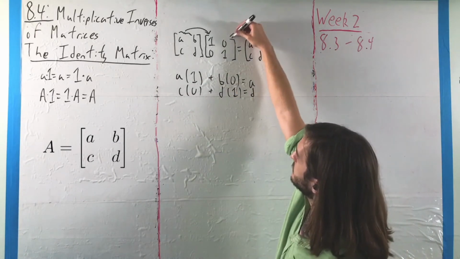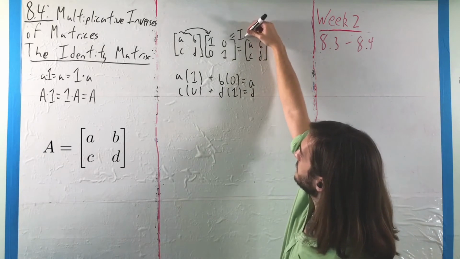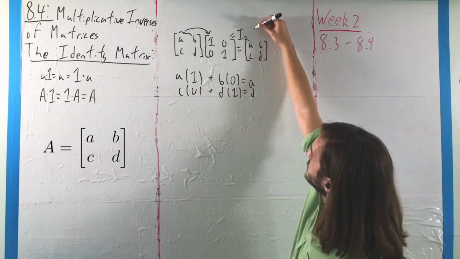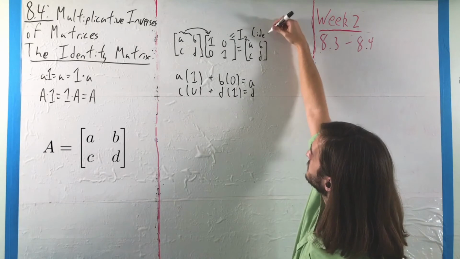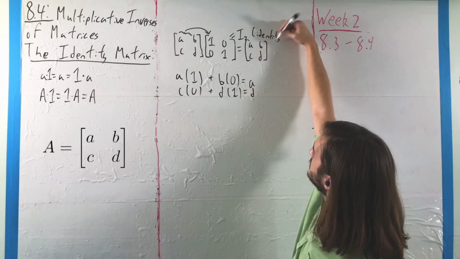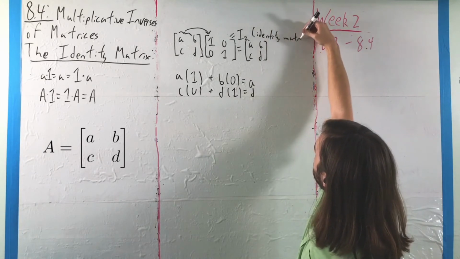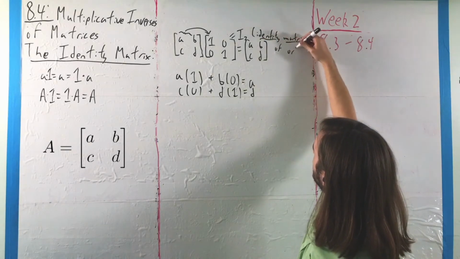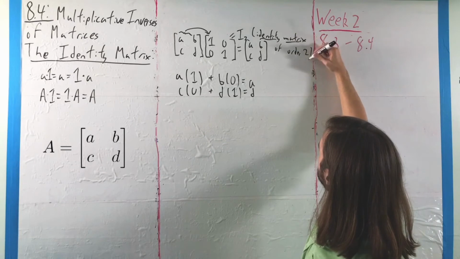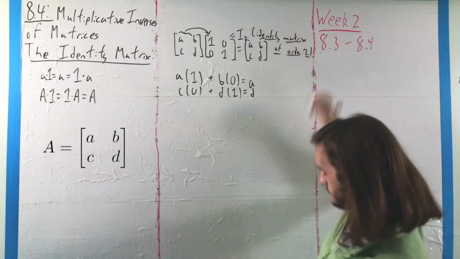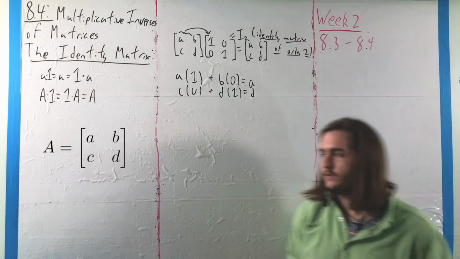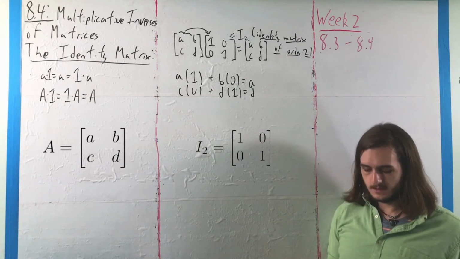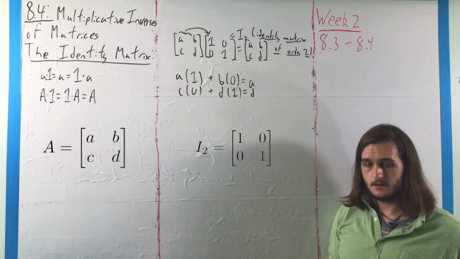This is something that's often notated I sub 2, and it's what's called the identity matrix of order 2, where it has this form and a little bit of a nicer setting.